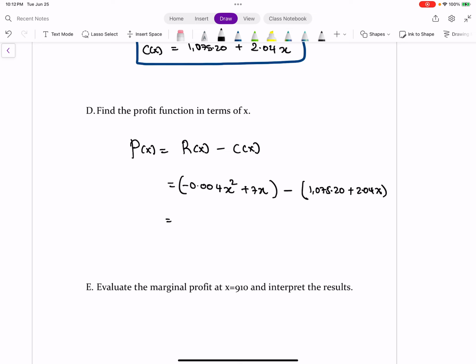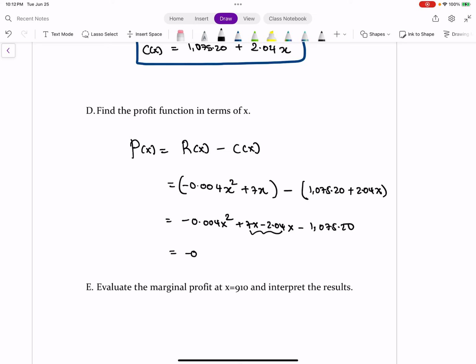Now combine everything. The profit function is negative 0.004x squared plus 7x minus 2.04x minus 1075.20.